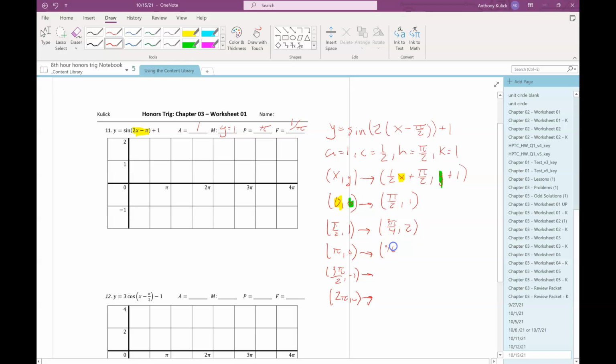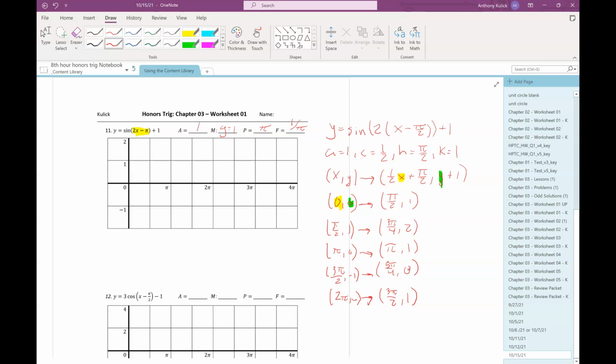And then we have pi, and then 1, and 5 pi over 4, and 0, and then 3 pi over 2, and 1 again. Any questions on the arithmetic there? Just the reciprocal of the period.